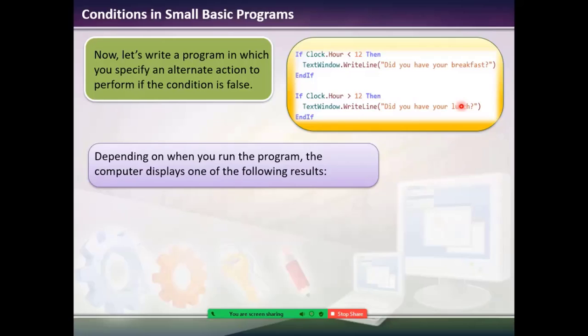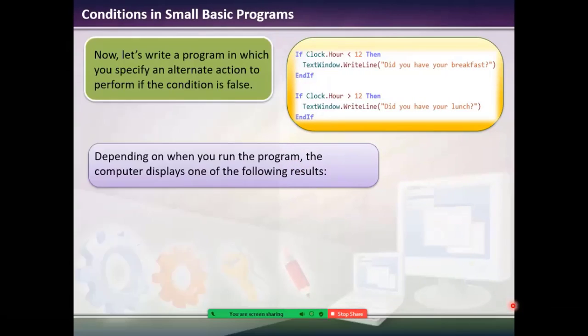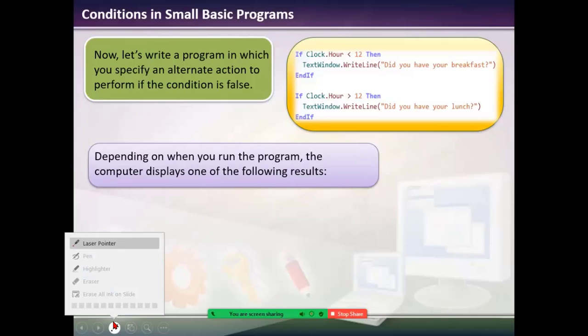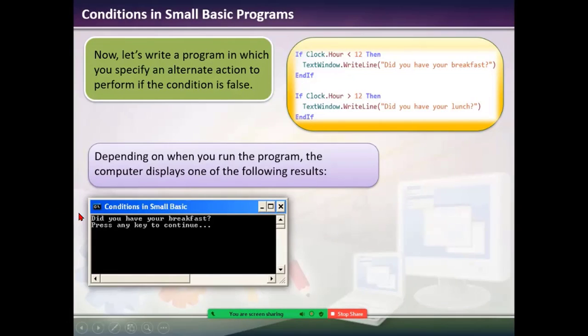Depending on when you run the program, depending on the time, the computer displays one of the following results. If we run this program now in the morning session, it displays, did you have your breakfast?